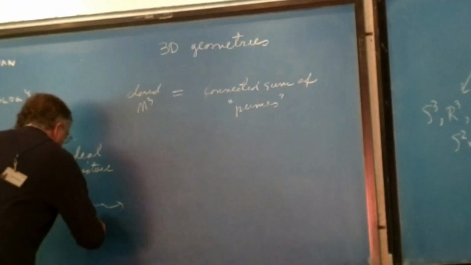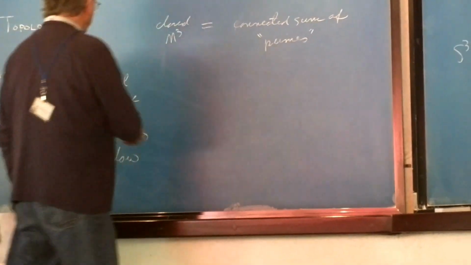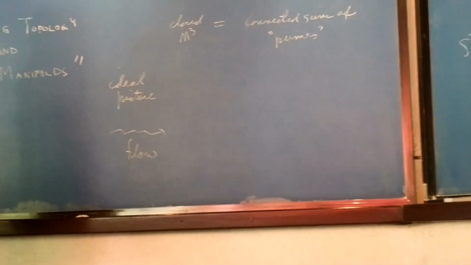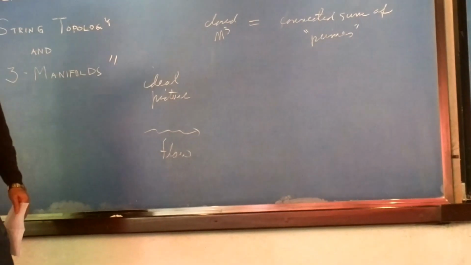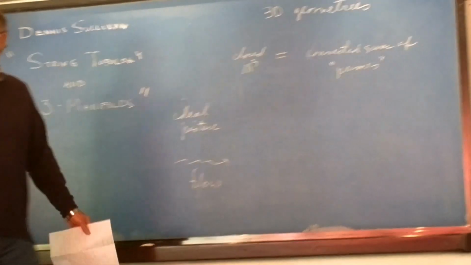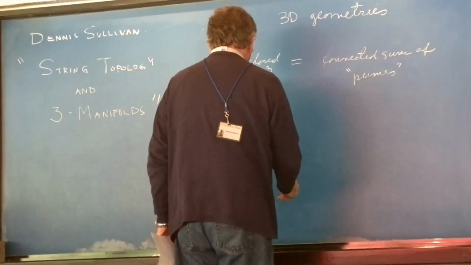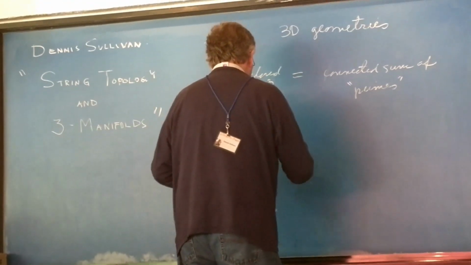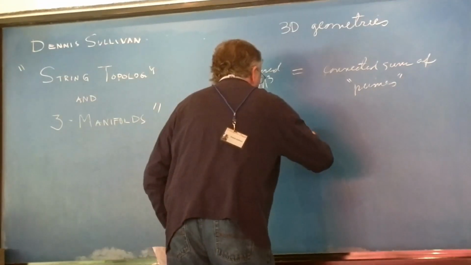And this flow, it has a name. It's a flow on the space of Riemannian manifolds. This is an ideal picture of what happens. Some of this has been proven, but not all of it's been proven. I'll just pretend it's all been proven. It's an idea.